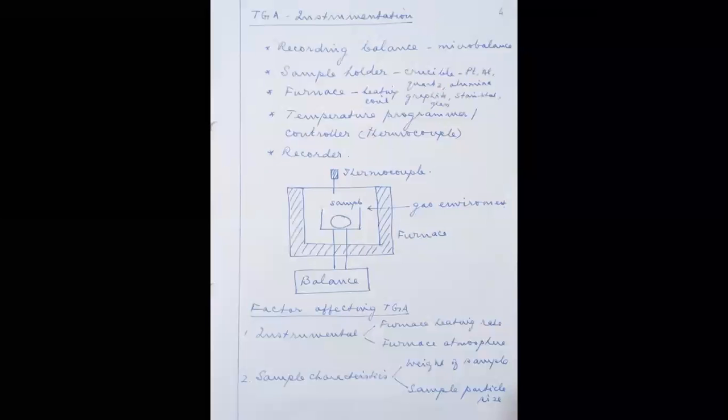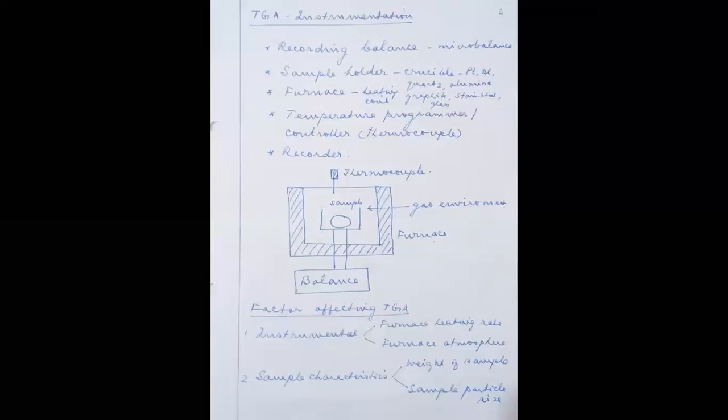Now, this is the TGA instrumentation. The first important part of the TGA instrumentation is the recording balance, which is also called the microbalance. The second one is called the sample holder, the holder in which the sample is kept. Actually, it is a crucible.